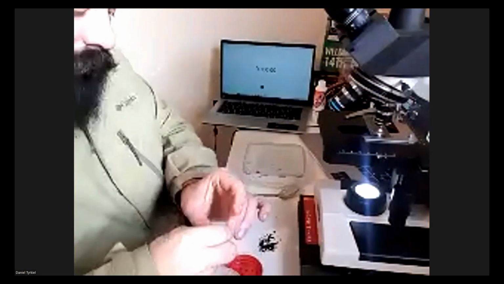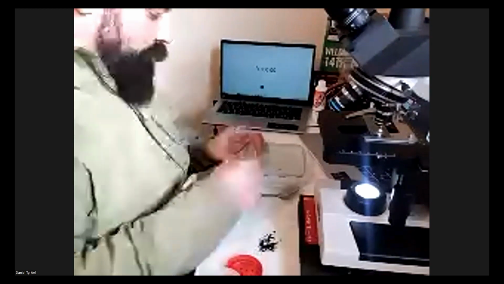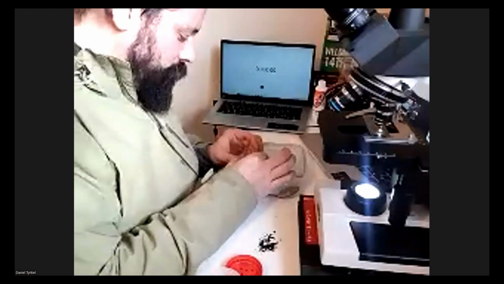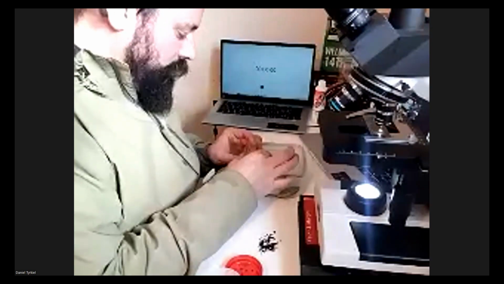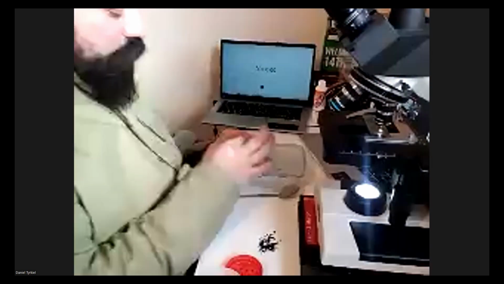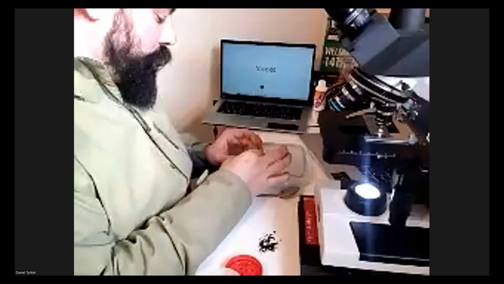Usually there'll be some piece of grit that tries to ruin your day. We're looking for even distribution of the debris from the solution under the cover slip.